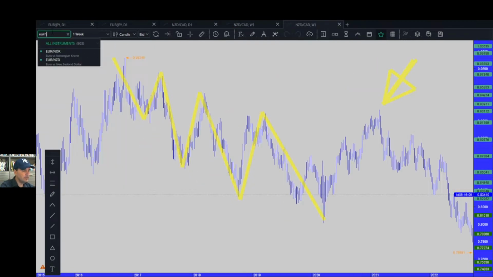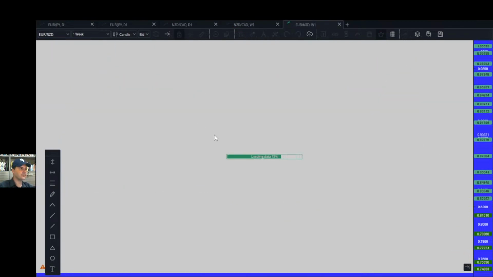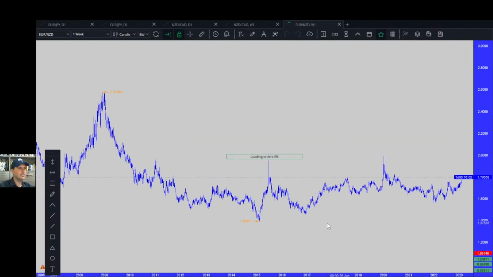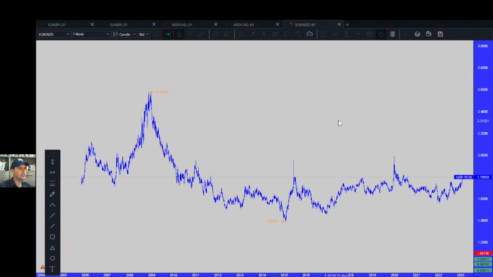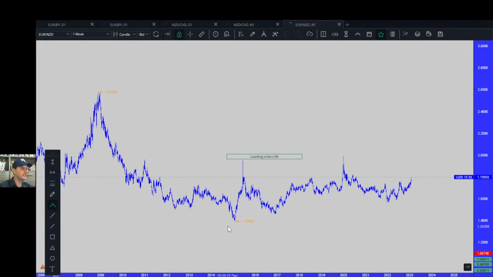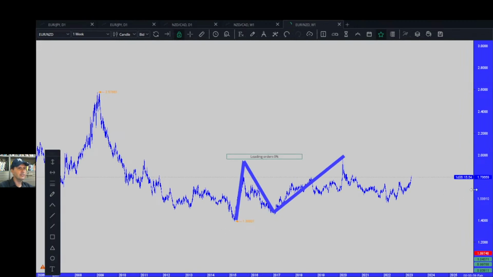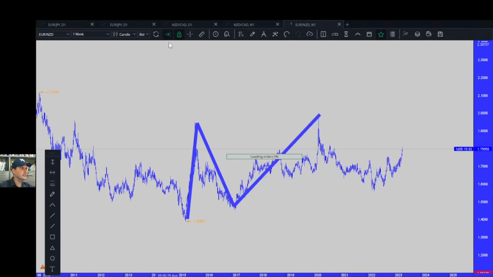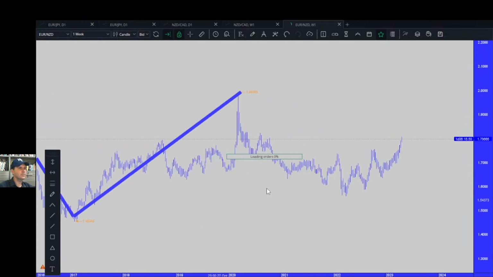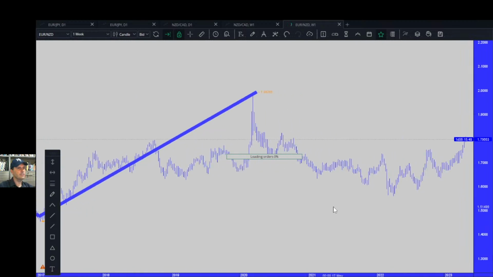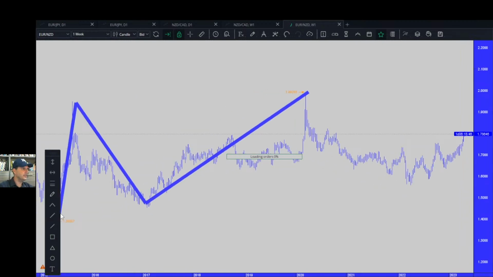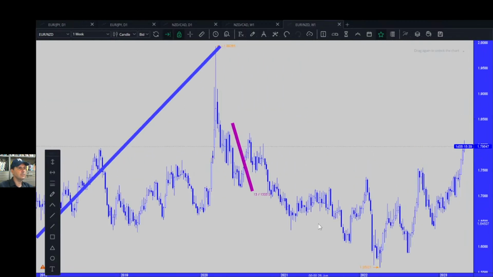Euro New Zealand. Weekly chart, Euro New Zealand. Seeing here everybody? Extension, retracement, extension. Okay. And seeing here, if you would buy the market in here, and this is the weekly chart, we're going to go on the daily too.